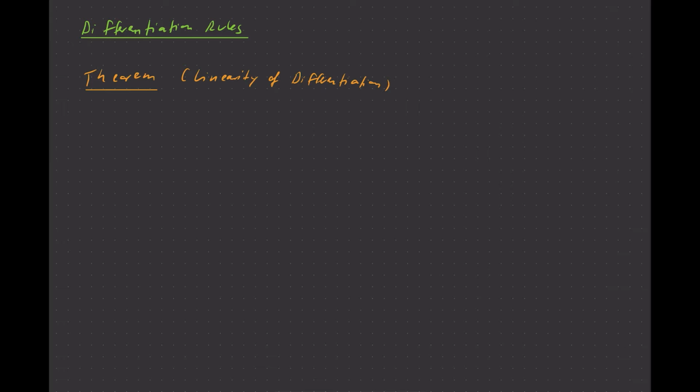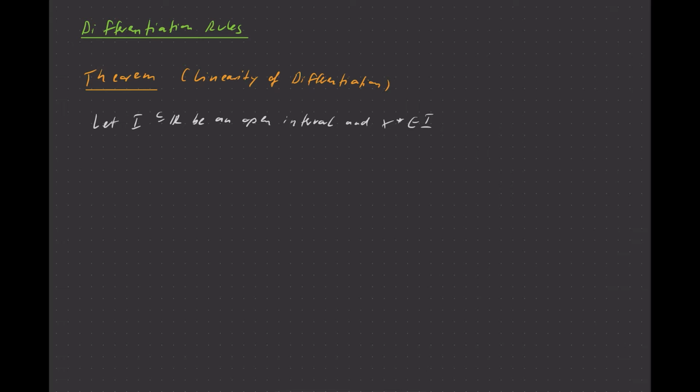As usual, we want an open interval, so let I subset of R be an open interval, and we want a point x star in I.